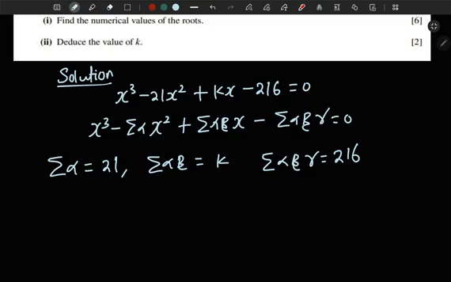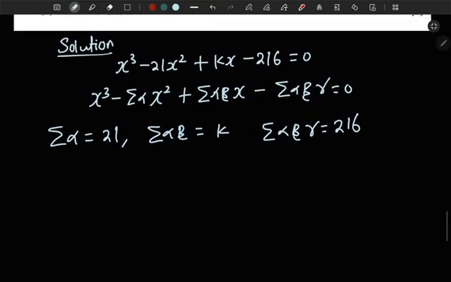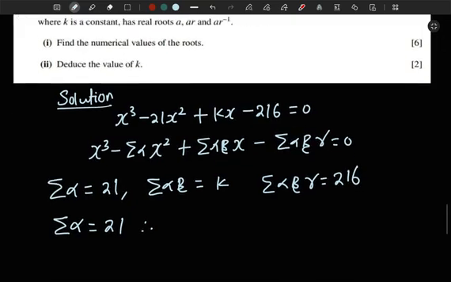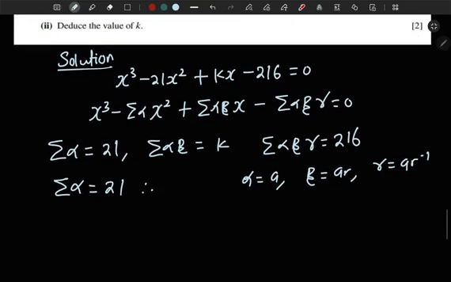Okay, now that we have this, let's start with each of these. From the first one, summation alpha equals 21. Remember that the roots are given to be a, ar, and ar to the power minus 1. Ordinarily we use alpha, beta and gamma, but since our roots are these, alpha is a, beta is ar, while gamma is ar to the power minus 1.